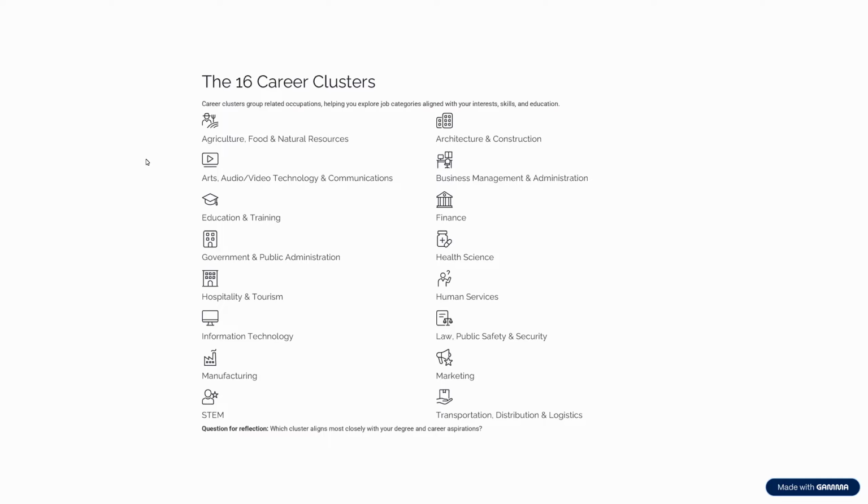We are referring to related jobs or occupations that help you to explore similar interests, similar skills, or similar education requirements. For example, a career cluster like you see on your screen can be agriculture, food, and natural resources. That's a career cluster.